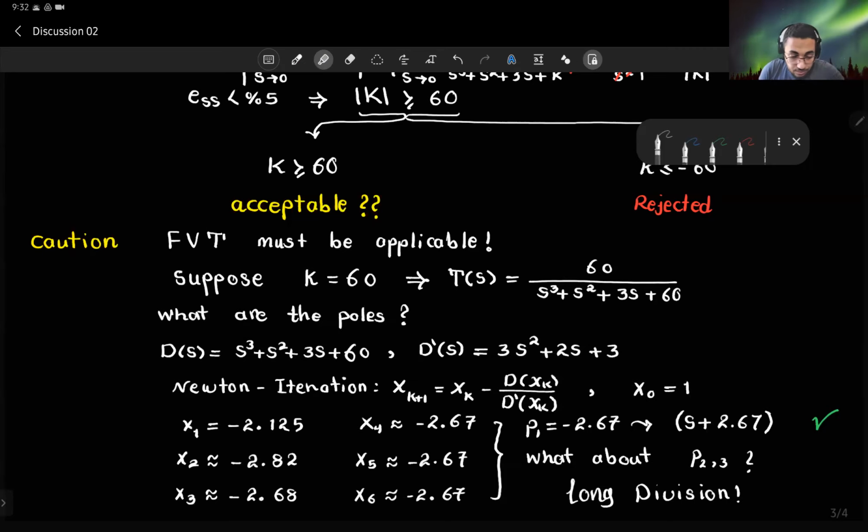In this case, actually, I need to do the calculations again.